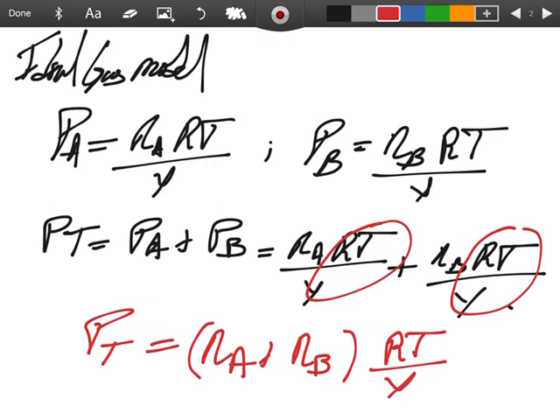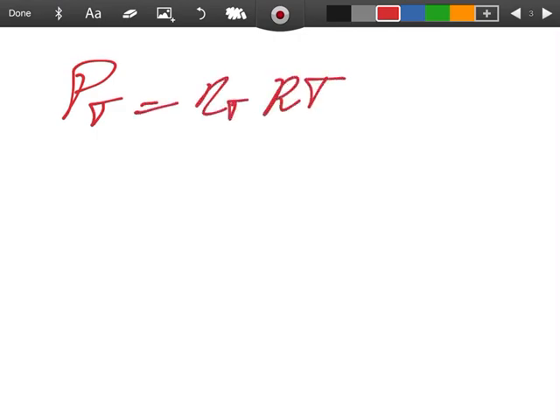So if in our system we only have moles of A and B, then that means that PT is going to be NT times RT over V, where NT is the same as NA plus NB.